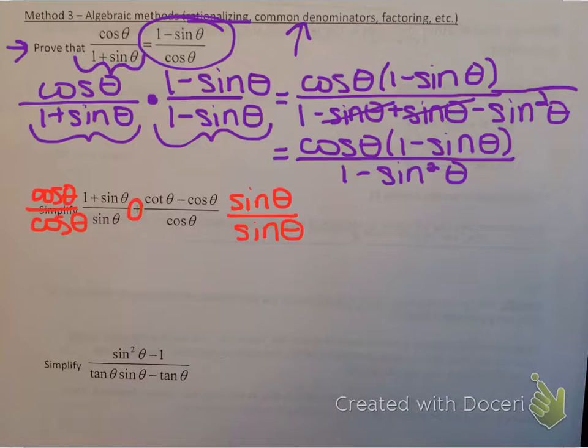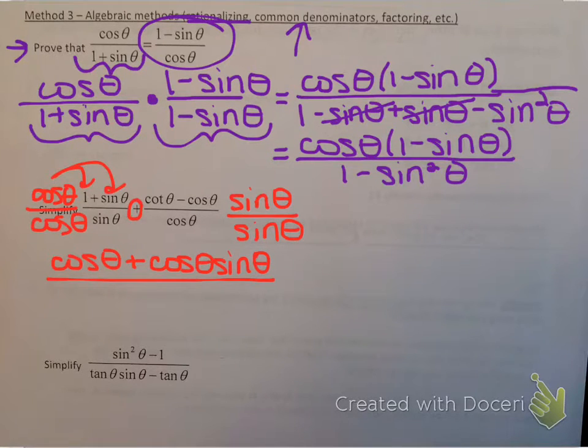So I distribute the cosine through that numerator, and it becomes cosine of theta plus cosine of theta times sine of theta, over the common denominator, which is now cosine of theta times sine of theta.